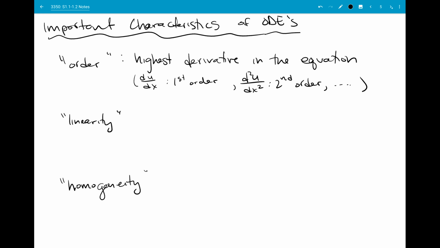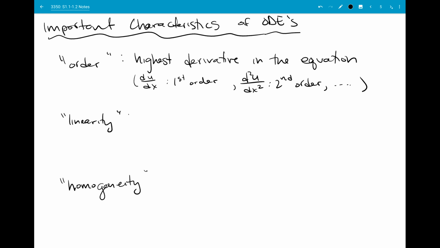We'll do more equations, more examples so you can become more familiar with that later. But for now, that's just going to be like a quick note to yourself. When I say highest derivative, I'm talking about the number of derivatives with respect to a particular variable.